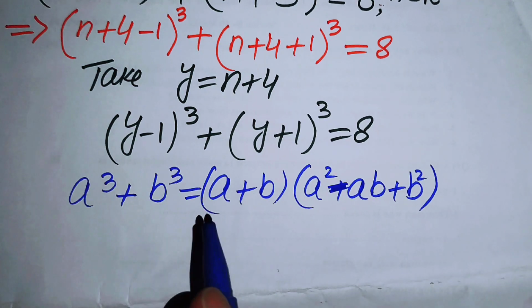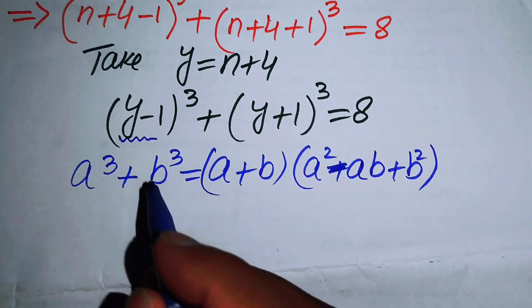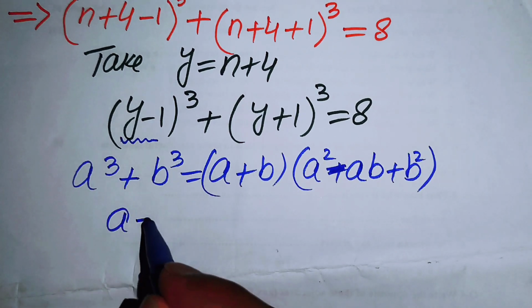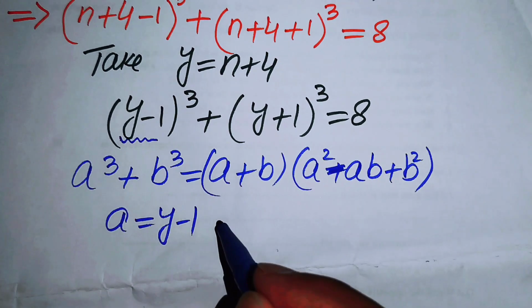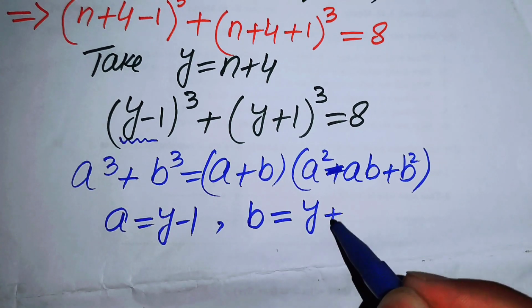So here I can apply this nice formula, and you can see the value of a in this question is y − 1 and the value of b is y + 1.